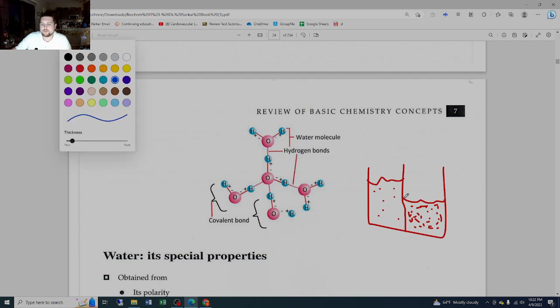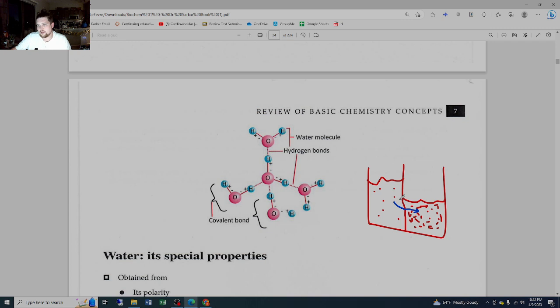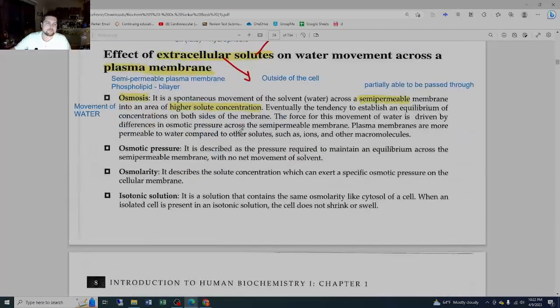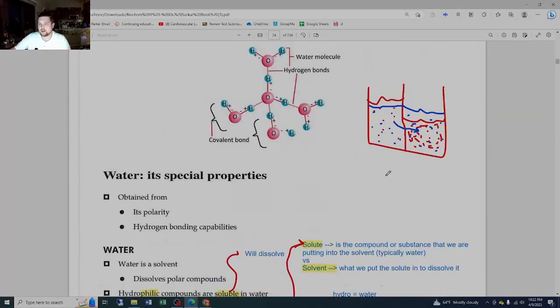So our water is going to travel through that semi-permeable membrane to the other side, so that they have equal concentration. So the water to stuff ratio is going to be equal to each other on either side of the membrane. Okay?